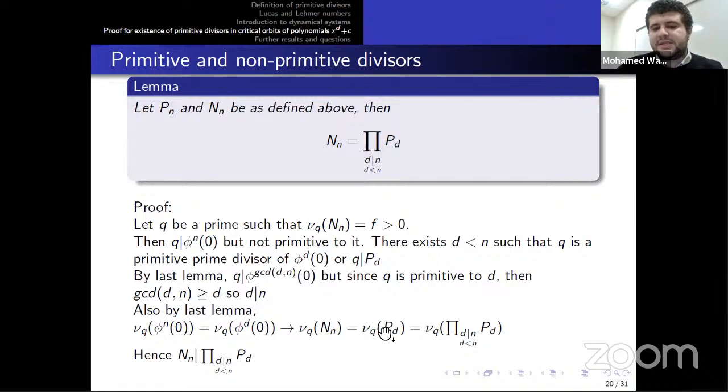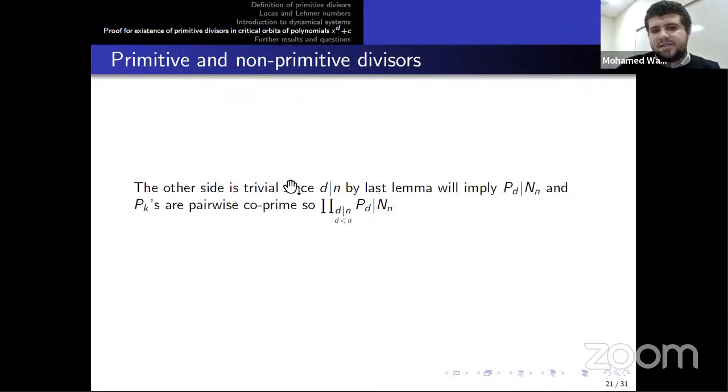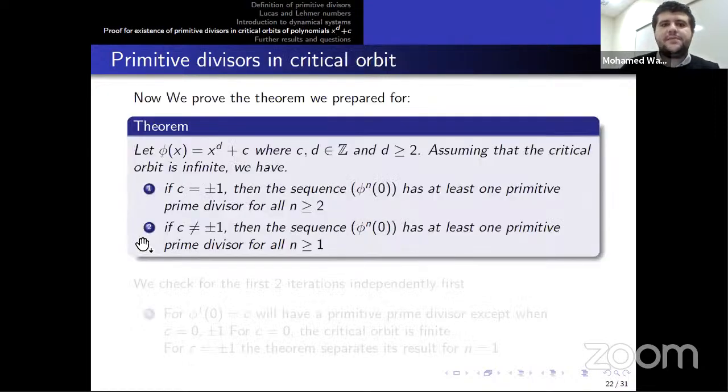And q appears in the primitive part once, so if we multiply by the other primitive parts, the valuation wouldn't change. So that is equal to the valuation of the product. So that is for any prime divisor of N_n. So that means that N_n divides this product. The other side can be seen trivially, because if d divides n, then by the last lemma, the primitive part divides N_n. And since these P_d's are pairwise coprime, we can multiply them and it still divides N_n. So that proves this lemma.